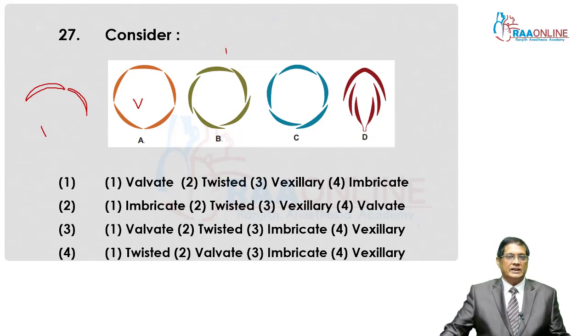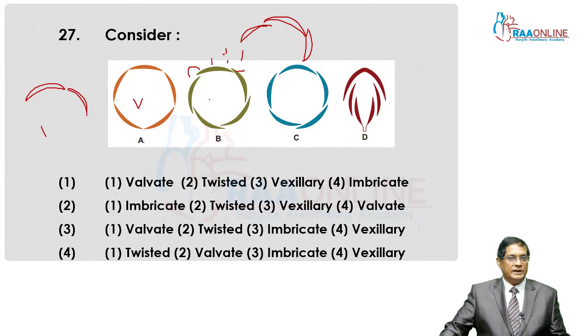And see the second case. Each petal overlaps the previous one and is overlapped on its other side. That is, one side overlaps, the other side is overlapped. See this one: this side overlaps the previous one and from this side it is overlapped by this one.